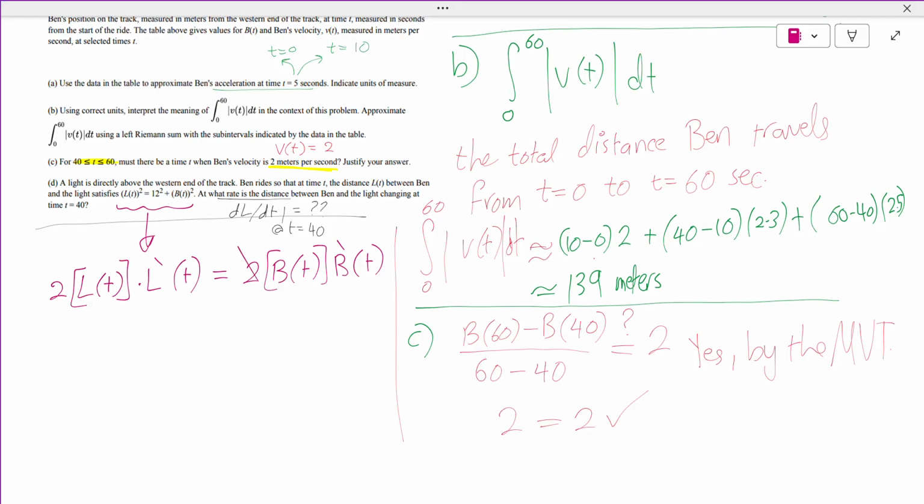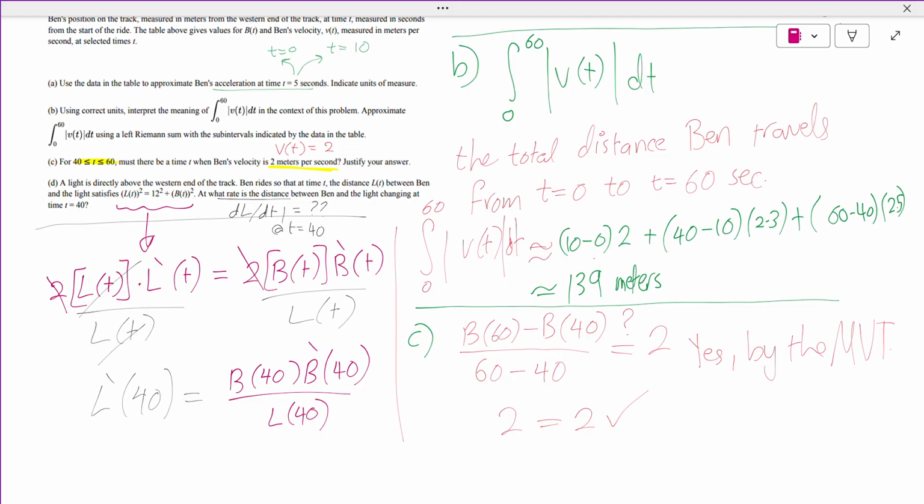So we can cross out the 2's from both sides, and now we can plug in the 40, right? But we can divide by L of t. So L prime of 40 equals B of 40 times B prime of 40 over L of 40.